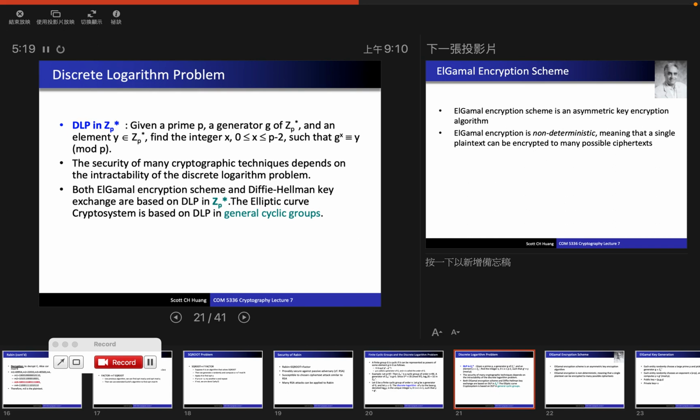So given any integer from 1 to p minus 1, the question is to find the power x such that g raised to the power of x is congruent to y mod p. Okay? And the security depends on the hardness of the discrete log problem itself, hardness of the group itself.